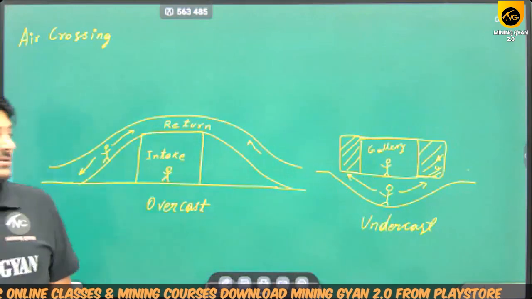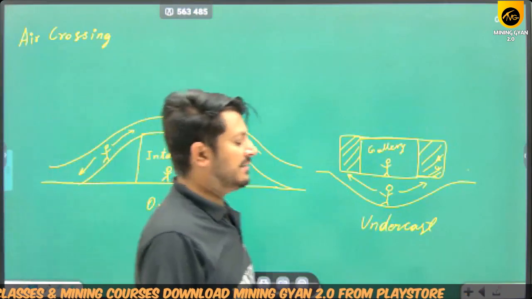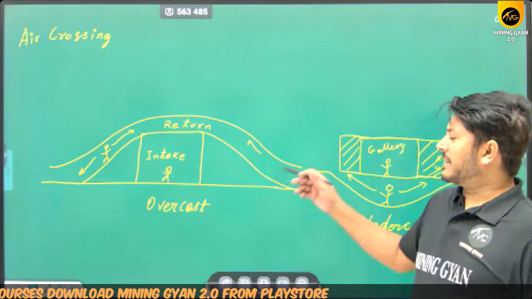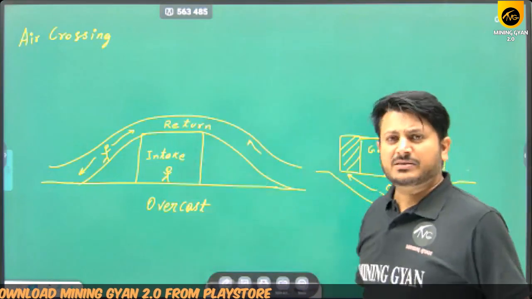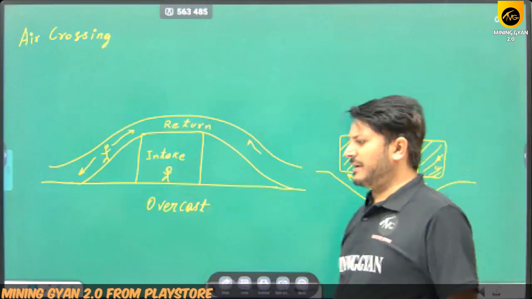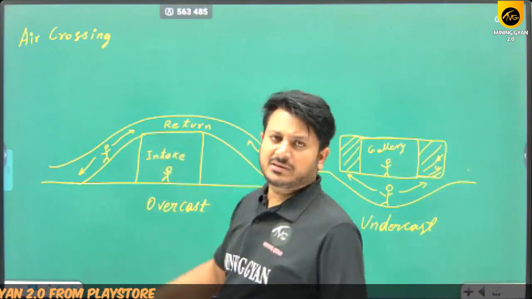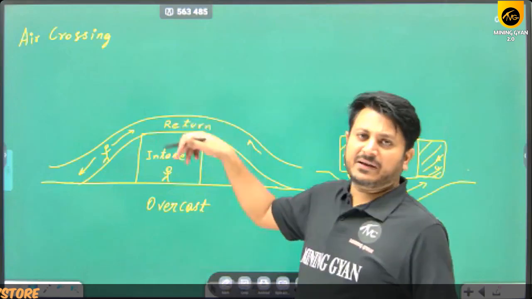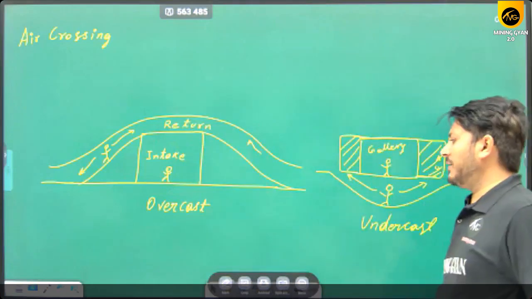As well as, all the gases of the return airway are very hot, and due to that reason also all the gases will rise towards the roof. So it will be convenient to take those exhaust gases from the return airway if we are keeping the return airway above the intake airway.